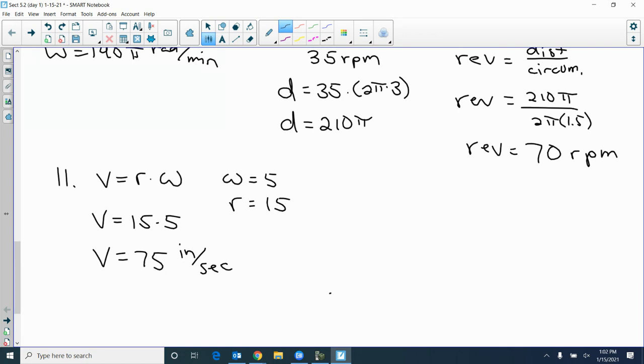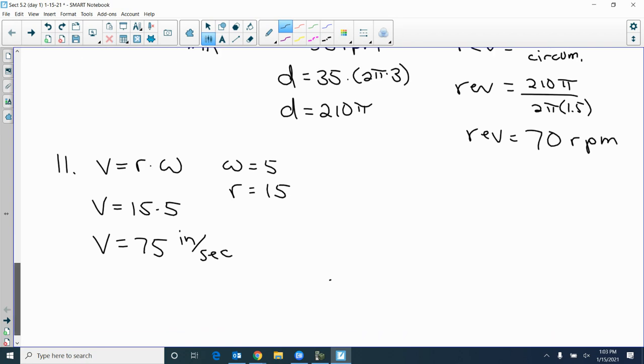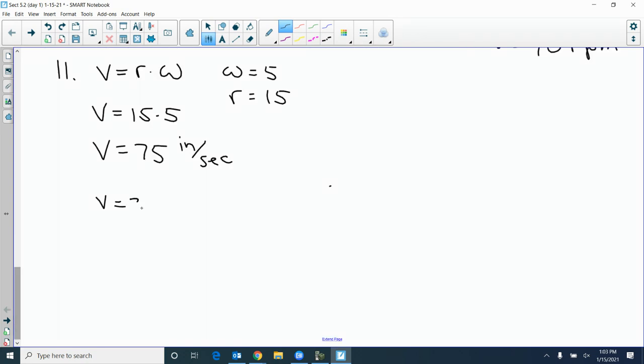And so now it's just a conversion problem. That's the velocity problem. After that conversion, it should end up being 375. You gotta take 75 divided by 12 to give you the number of feet, which is 6.25, times 60, to get 375. Velocity equals 375 feet per minute.